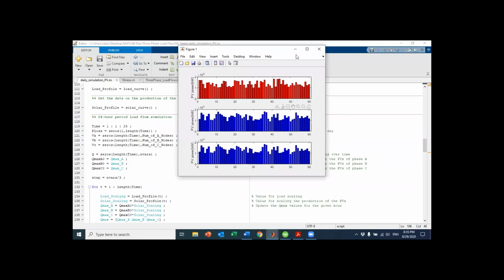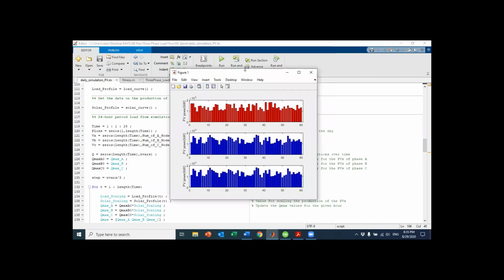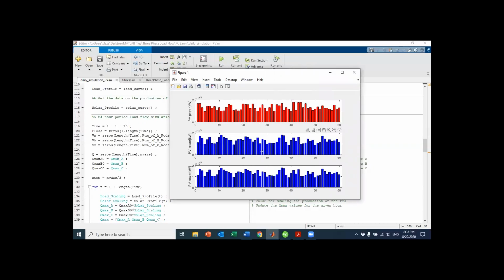So the first figure shows the PV powers, or the active powers, which is the capacity of the PVs installed, in phase A, phase B, and phase C. So nothing out of the ordinary there. You just have the bar showing the number of nodes. So it's connected to 60 nodes and capacity.